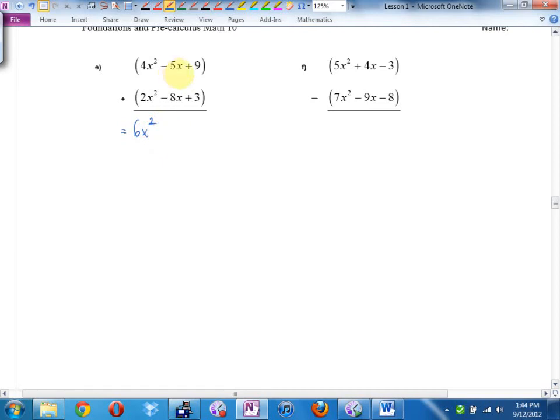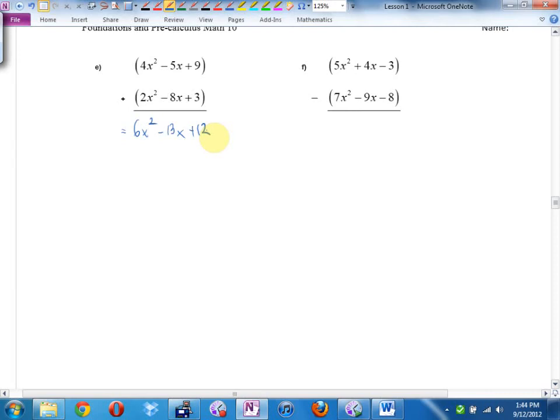I got negative 5x plus negative 8x. What's that going to end up being? Negative 13x. And then I got a positive 9 plus positive 3, and the positive reminds me to put a plus sign there, positive 12.